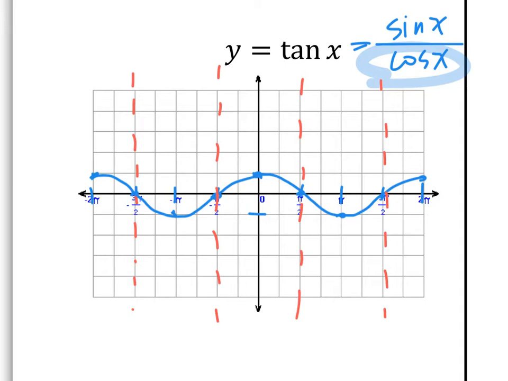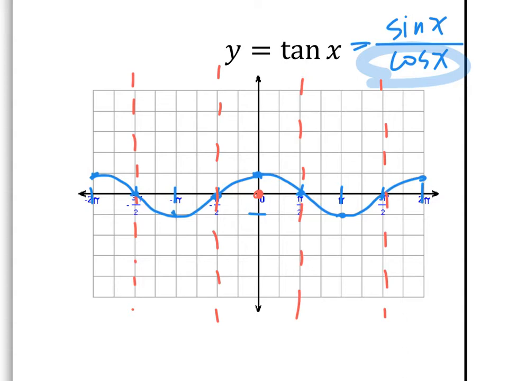Between the two asymptotes, right in the center, is where you're going to start tangent. So you're going to put a point there. That's the starting point. The next part is between the starting point and the asymptote. So half of that is where you're going to start drawing the tangent graph.